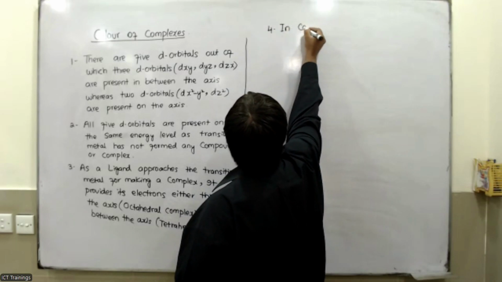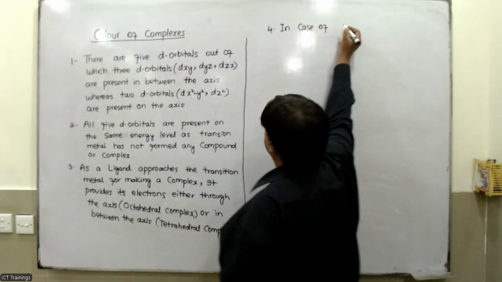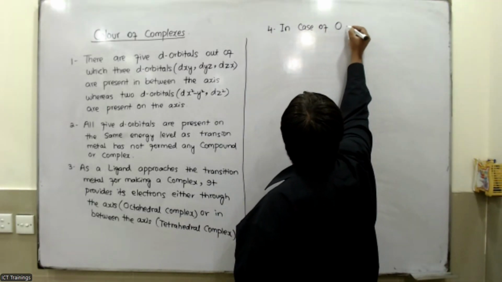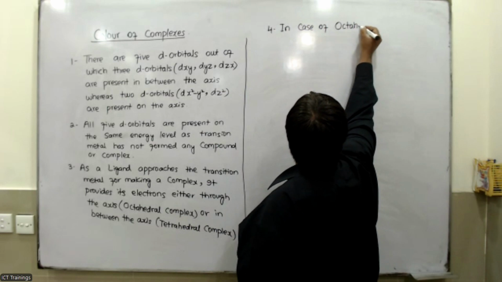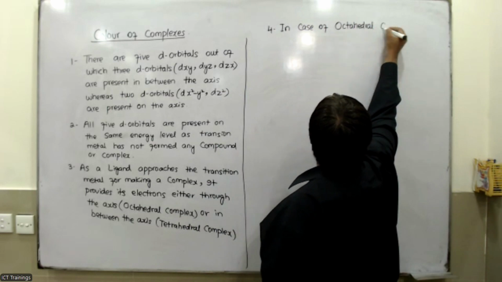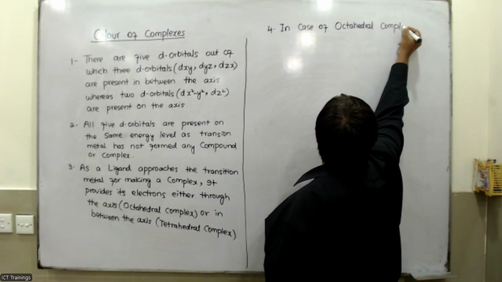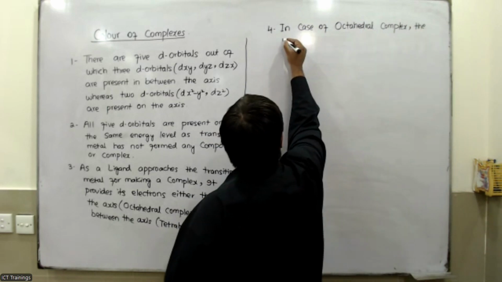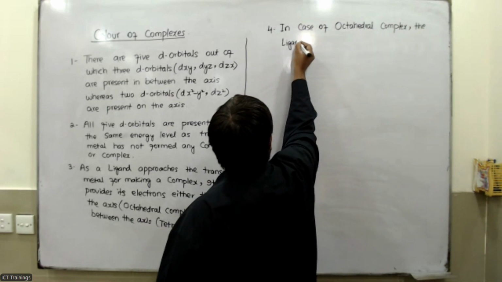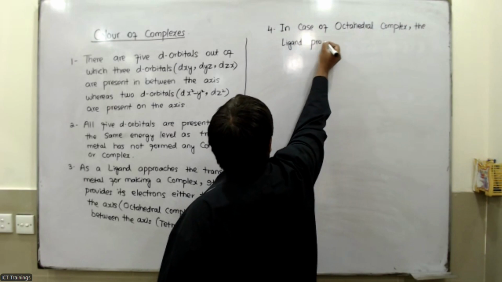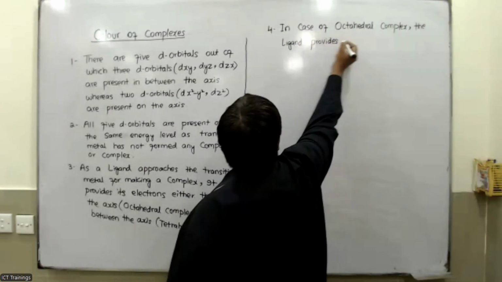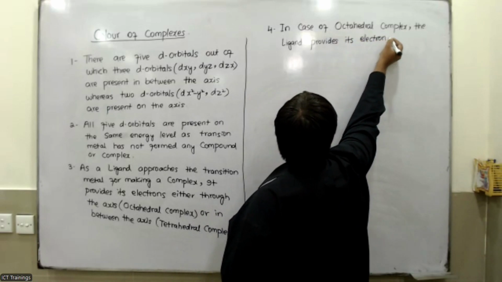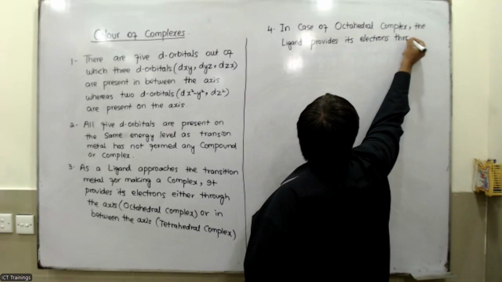So in case of octahedral complex, the ligand provides its electrons to the axis.